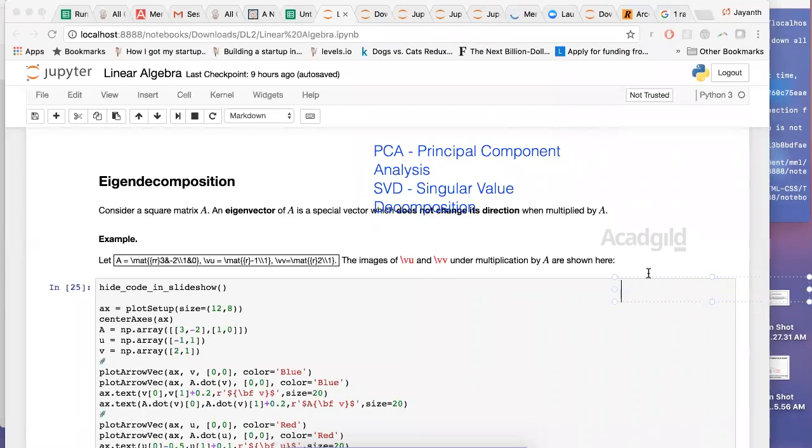How do we get to those few features? It is called principal component analysis, or SVD. And all of these are based on one concept called eigenvalue. Let's learn what an eigenvalue is. I'll tell you one small example that will clear it up, and you'll know eigenvalue, and hence PCA and SVD. That's all there is.